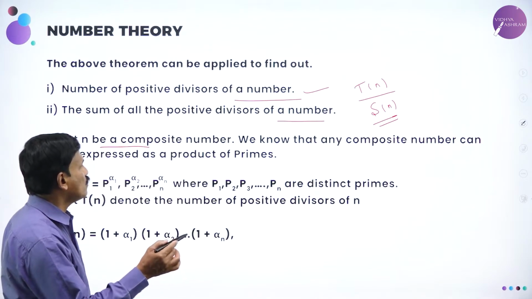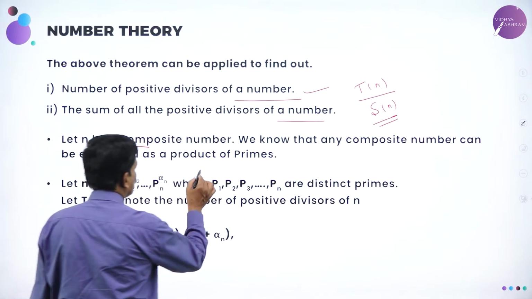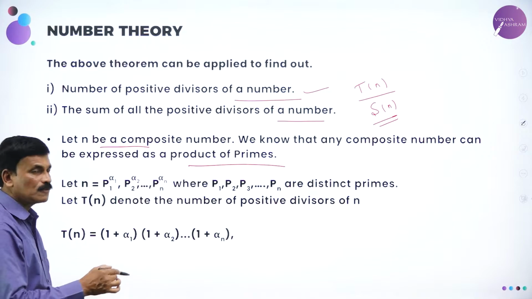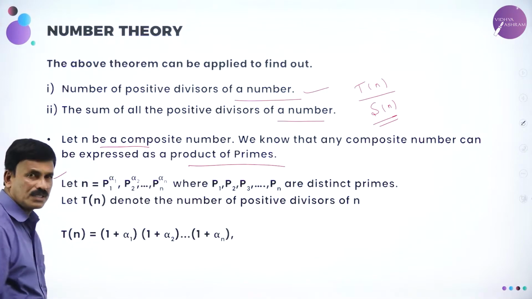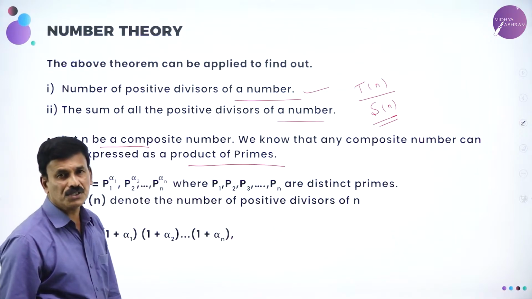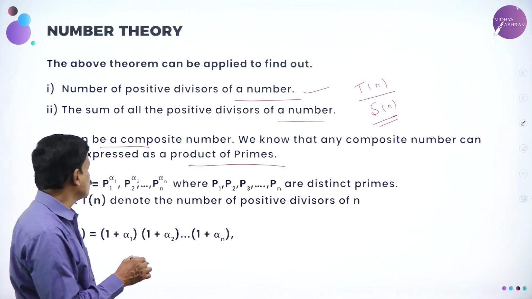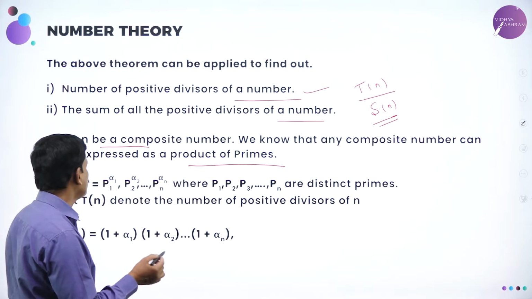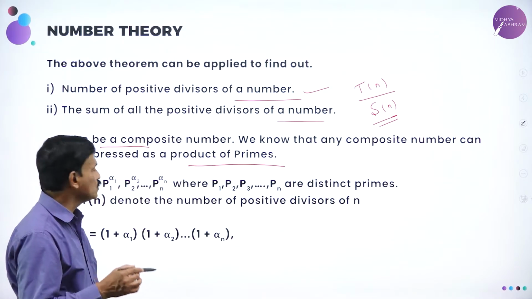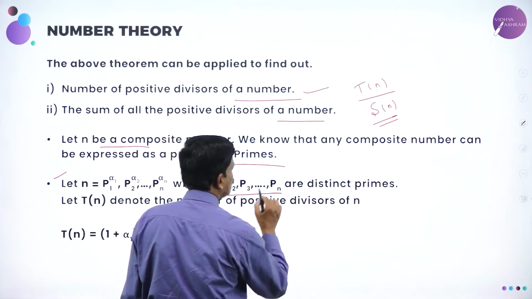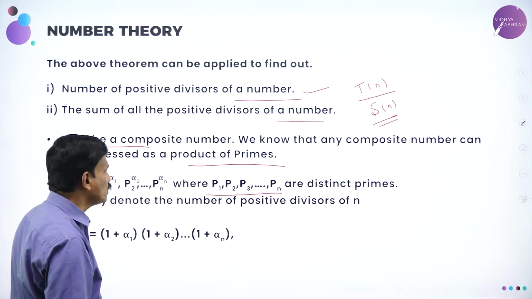We know that any composite number can be expressed as the product of prime numbers. Let the given number n be expressed as p1 to the power of alpha 1 into p2 to the power of alpha 2, p3 to the power of alpha 3, etc., pn to the power of alpha n, where p1, p2, p3, etc., pn are distinct prime numbers.